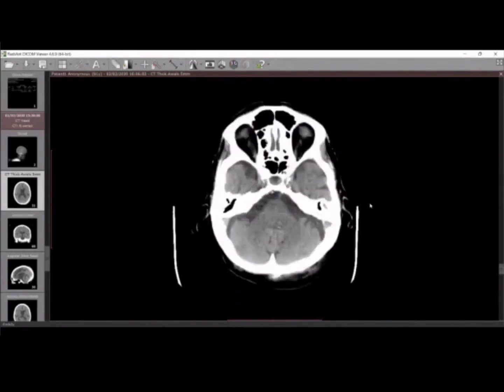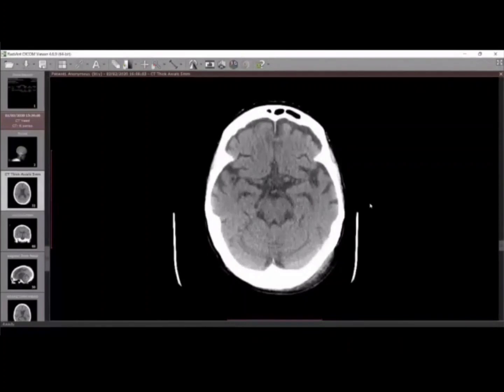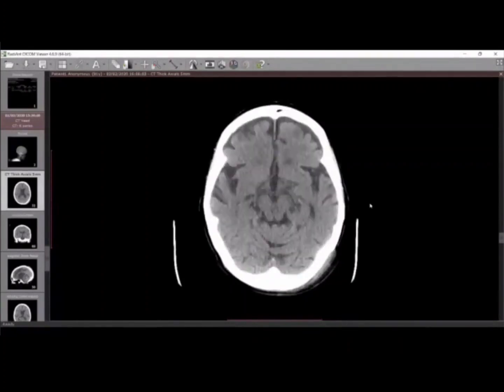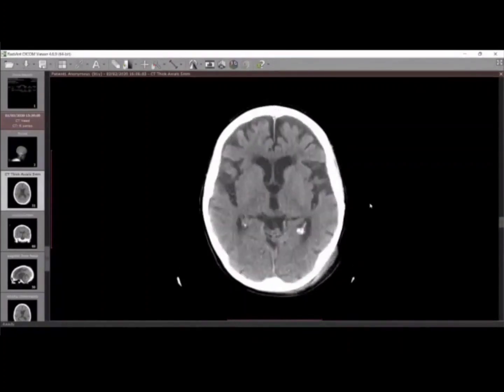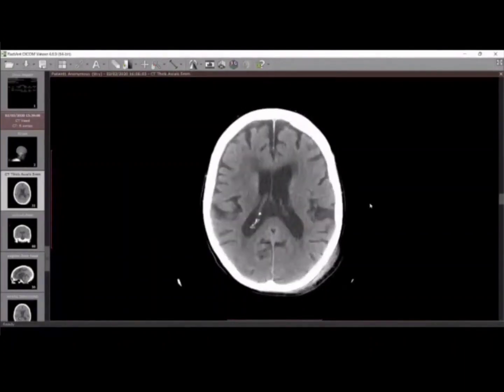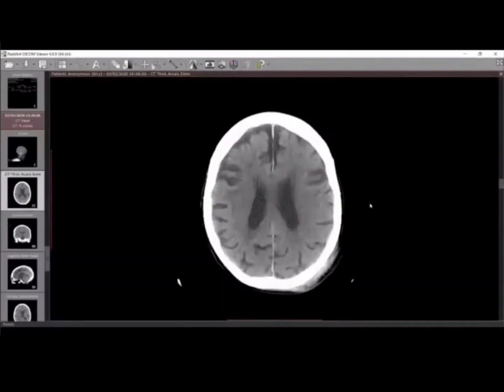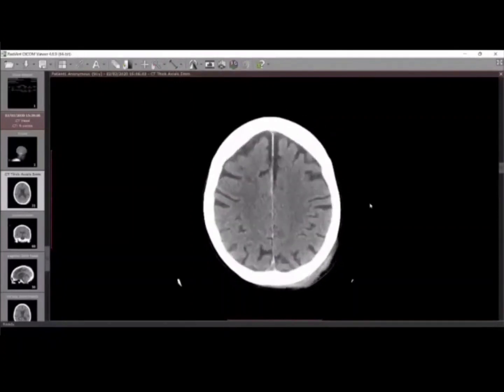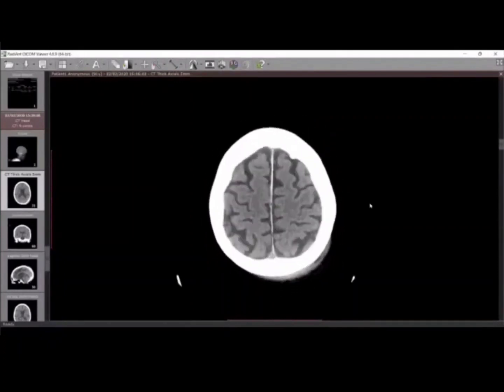So I'm scrolling, and initially I'm concentrating on the parenchyma. Look for any hemorrhagic contusions or any hypodensity in either cerebral hemisphere.